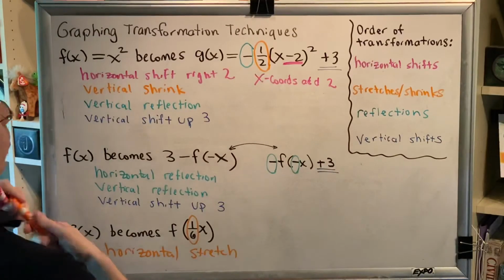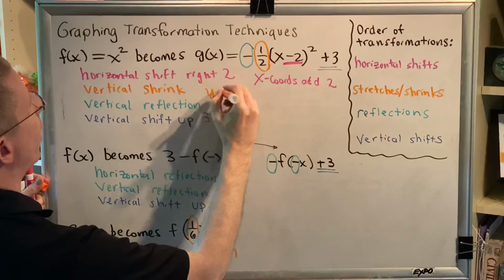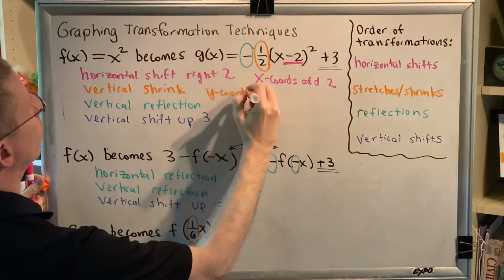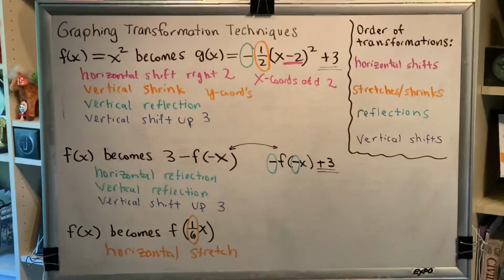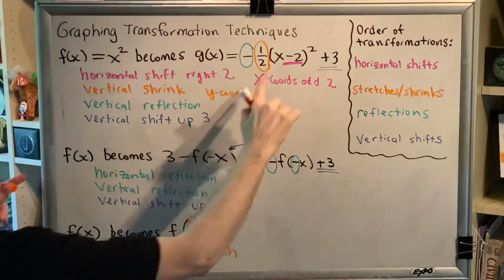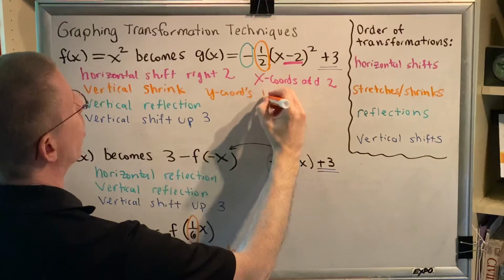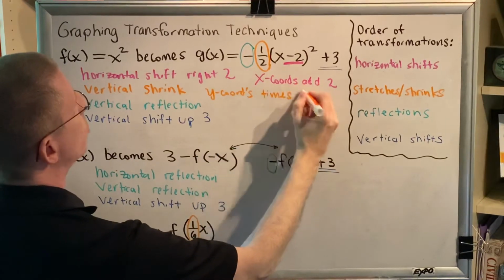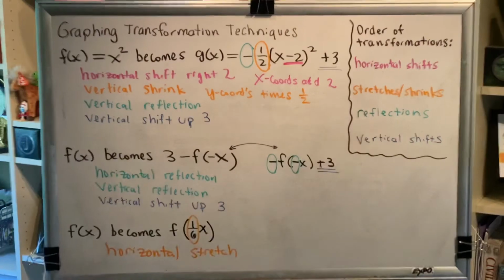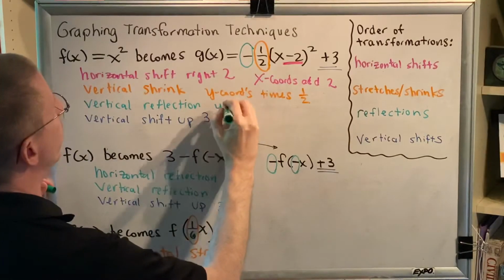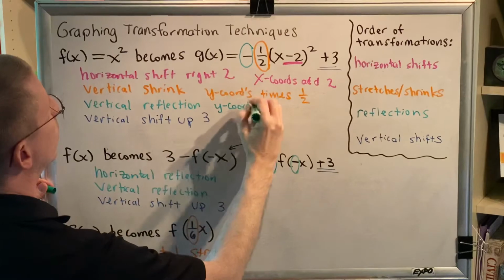All right, next, vertical shrink. Well, if it's vertical, then that's going to affect the y coordinates. And for a vertical stretch or shrink, we take the y coordinates and we multiply them by the value. So y coordinates times 1/2. Next, vertical reflection. It's vertical, so that affects the y coordinates.